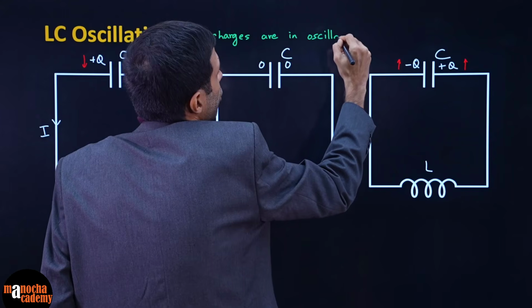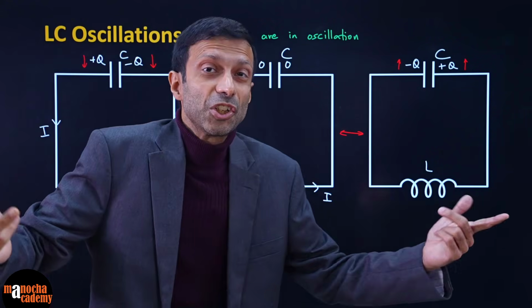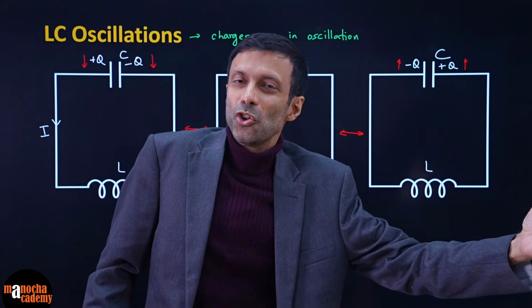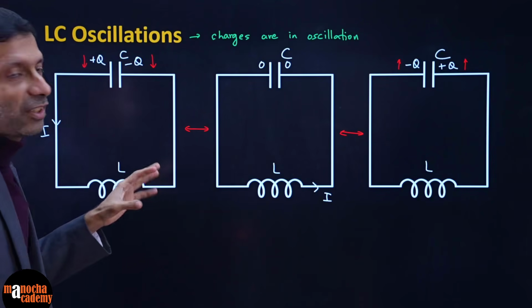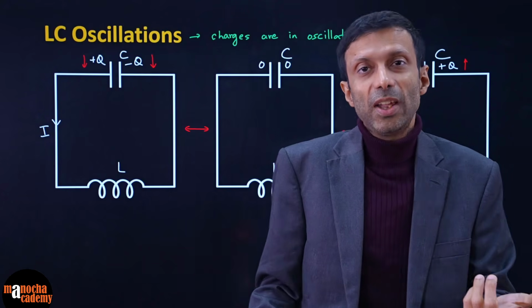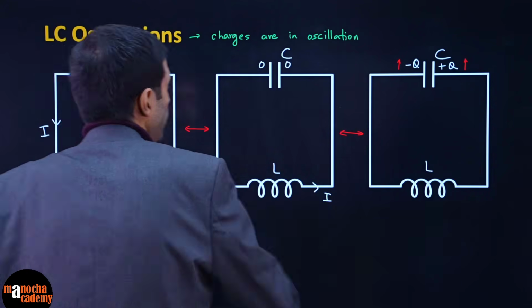Now if charges are in oscillation, that means charges are in acceleration. And if charges are in acceleration, it will produce electric and magnetic field. So we can say that the LC oscillator circuit is a great source of electromagnetic waves, right? So we can say as a result, do you guys agree?